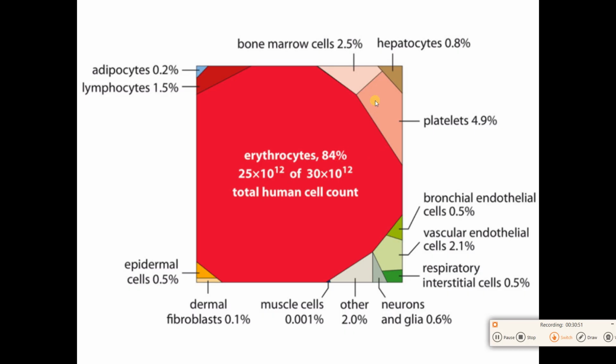And platelets are your next best here. Then bone marrow cells, blood vessel lining cells, other cells. Look how many muscle cells you've got. It's not that many. This is crazy how many red blood cells you have. How much of you, me too, we're the same here, is made up of red blood cells.